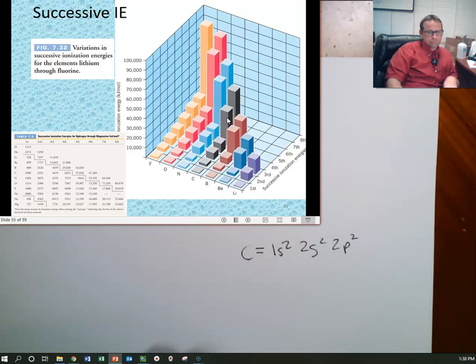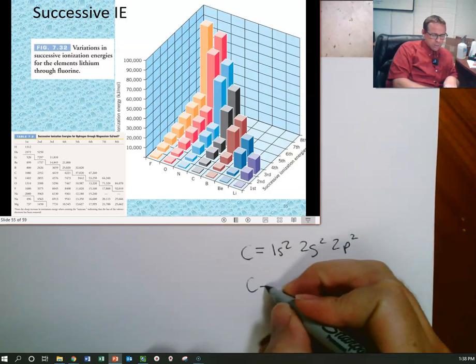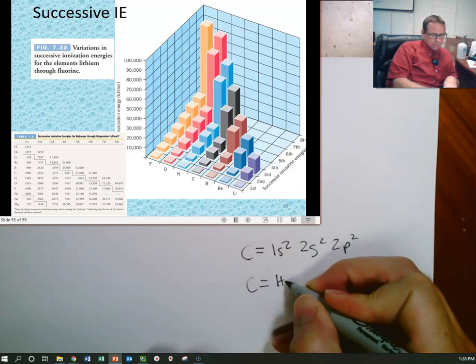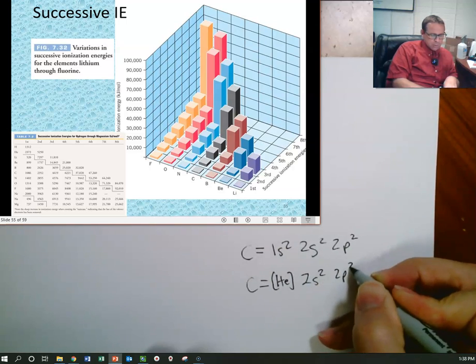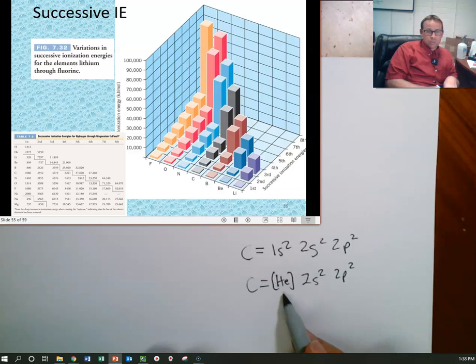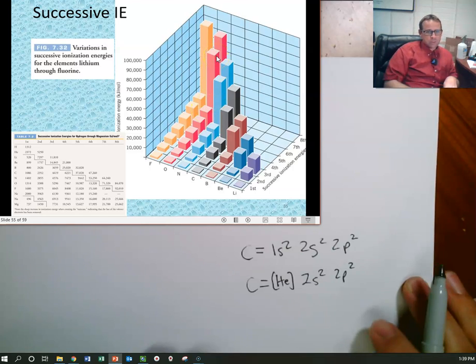So 1s2? Right, which is, if we draw a noble gas electron configuration, the noble gas core, right? So it takes energy to remove electrons, but when you want to remove an electron from the noble gas core, that's going to require a lot more energy. All right? So for oxygen, 1, 2, 3, 4, 5, 6 electrons come relatively easy, but the seventh reaches into the noble gas core.